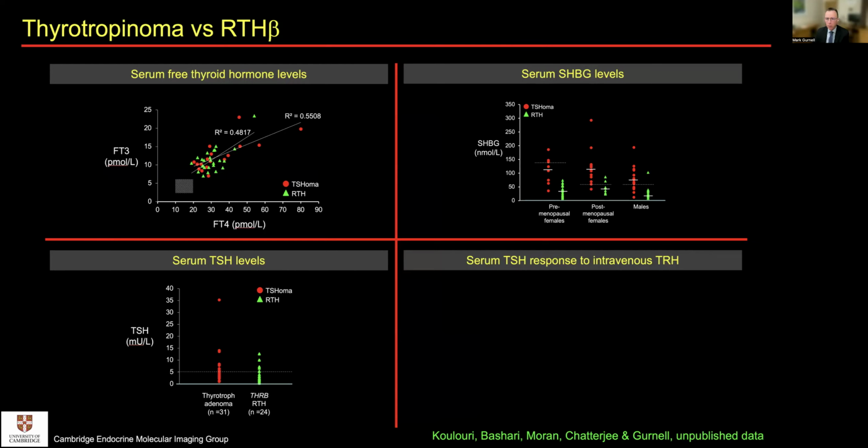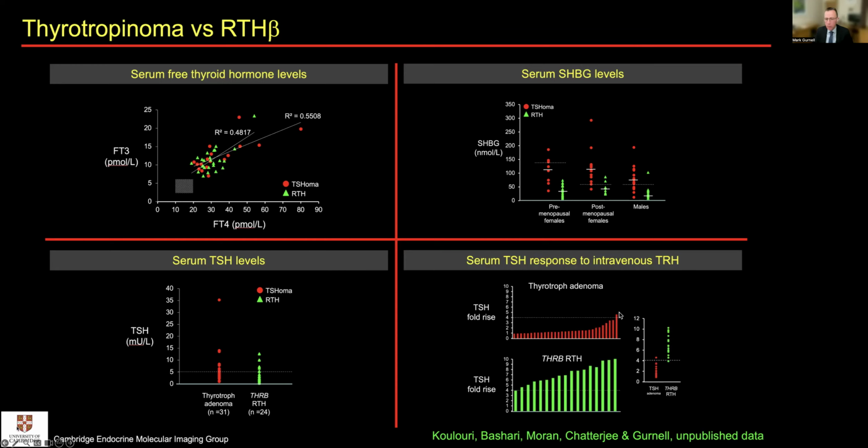But we have been able to show that unfortunately there is considerable overlap in SHBG levels between patients with RTH beta and TSHomas. And actually, it's interesting that many of the patients with micro TSHomas seem to often have SHBG levels which are within the normal range. And this holds true whether we're looking at premenopausal or postmenopausal females, or indeed males.